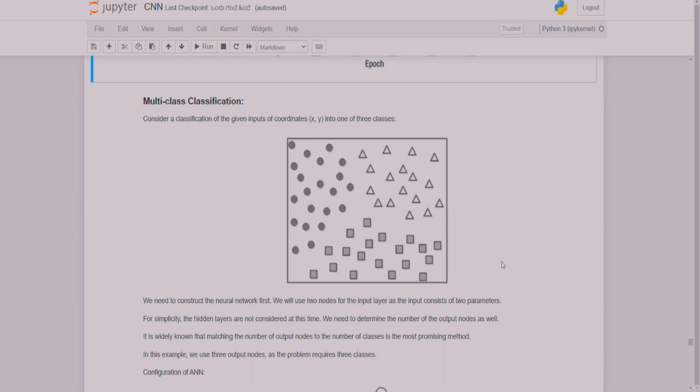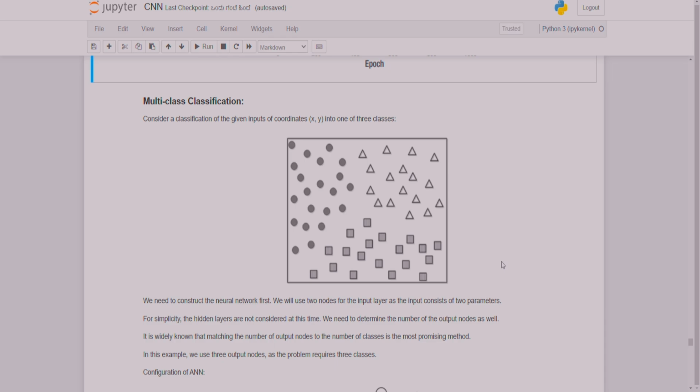Take it that each point has two coordinates only, it's not multi-dimensional data. So you need to decide how many neurons in the input layer, how many hidden layers, or how many neurons in one layer if you want, and how many output neurons you require.